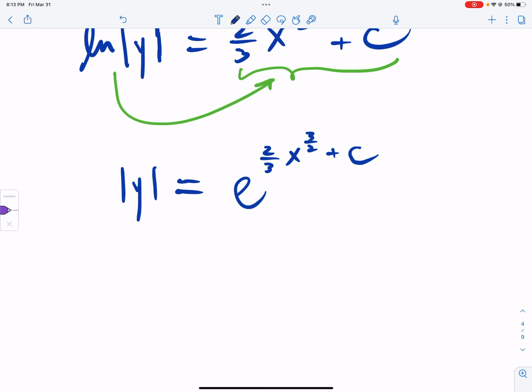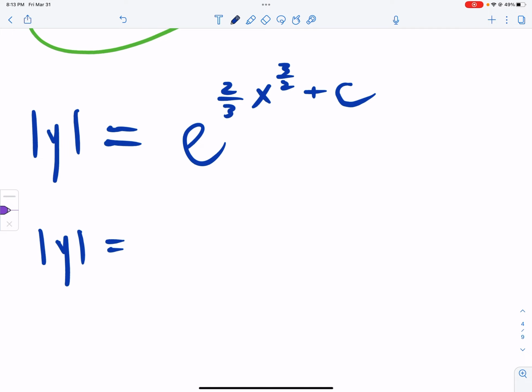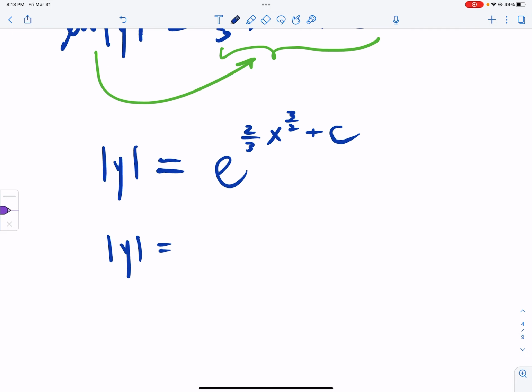Okay, now using some of our exponent properties. Since the exponent has addition happening, we can actually rewrite this as e to the c power times e to the 2/3 x to the 3/2.